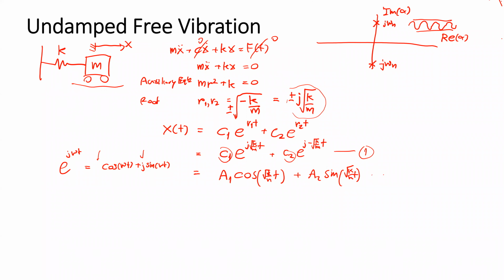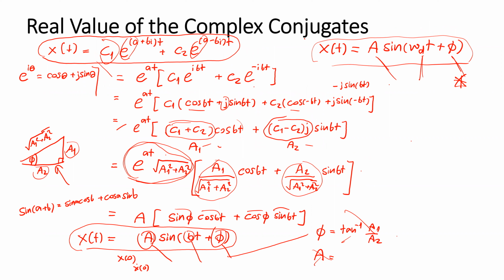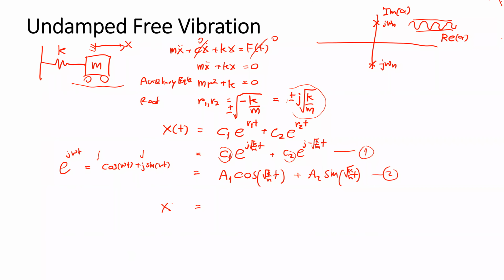It is equivalent to, and also these two forms, from this concept, the most simplified form is x(t) will be one constant multiplied by sine of square root k per m t, but with the phase angle.